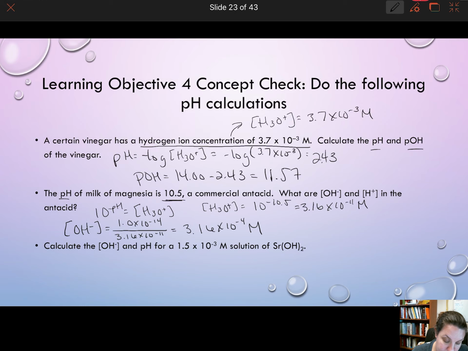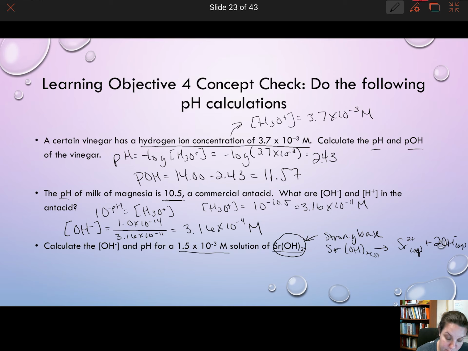Last, we're looking to solve for the hydroxide concentration and pH for a 1.5 molar solution of strontium hydroxide. Strontium is a group 2 element, so we know that this is a strong base, and as such it will completely dissociate to produce hydroxide and strontium ions. So it would look like this: strontium hydroxide completely dissociated into strontium ions plus hydroxide ions.